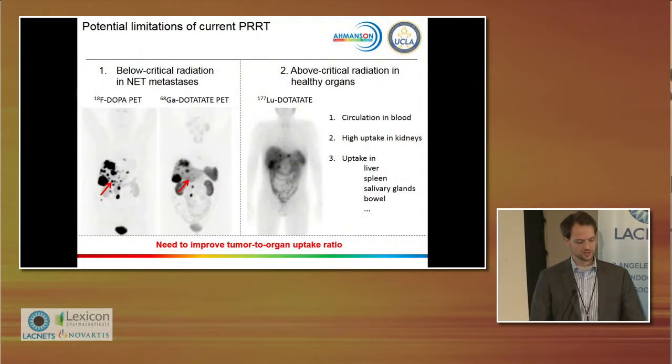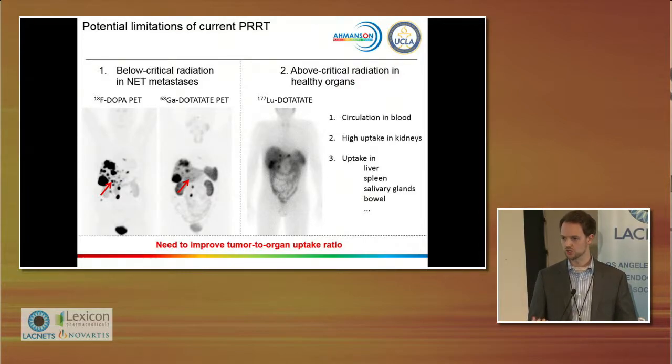The other limitation is, of course, if we go away from the tumor to the remaining body, above critical radiation dose to healthy organs, especially if we repeat treatment over cycles and cycles. So this is an image of the present lutetium dotatate distribution in the body at 24 hours. And you can see that there's still considerable activity seen by this light gray stain in the circulation, so in the blood pool.